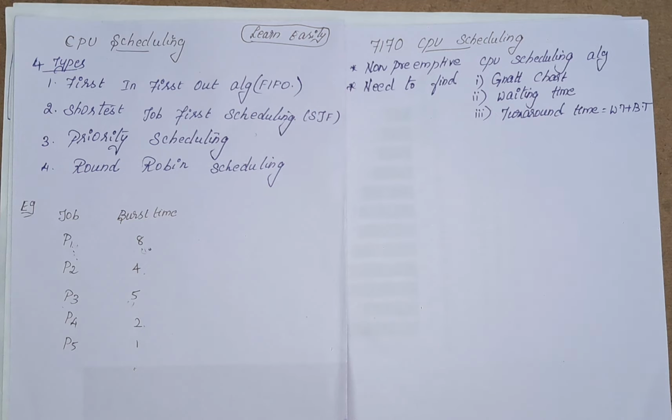The fourth one is round robin. In round robin, a particular time quantum is given. The first process is executed only for that time, and after completion of that time the second process is taken. For example, if the time quantum is 3 seconds, process 1 is executed only for 3 seconds.